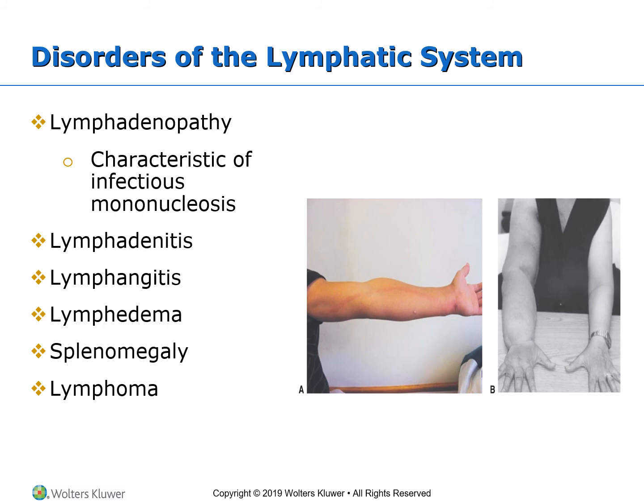Lymphangitis is an inflammation of the lymphatic vessels, and you can see in picture A an example of that. Usually the infection is distal to the location of the lymphangitis. In this case that you see in A, we can think that the infection is at the level of the wrist.